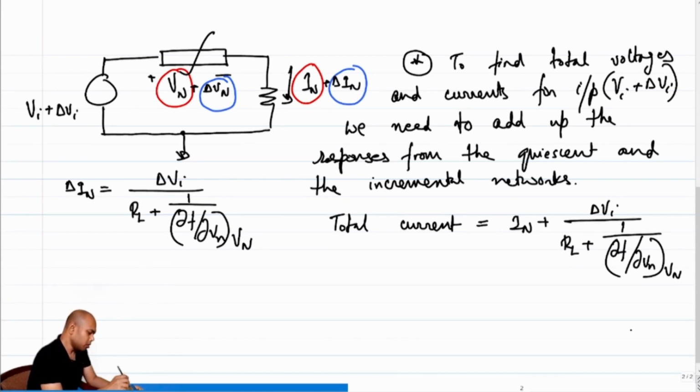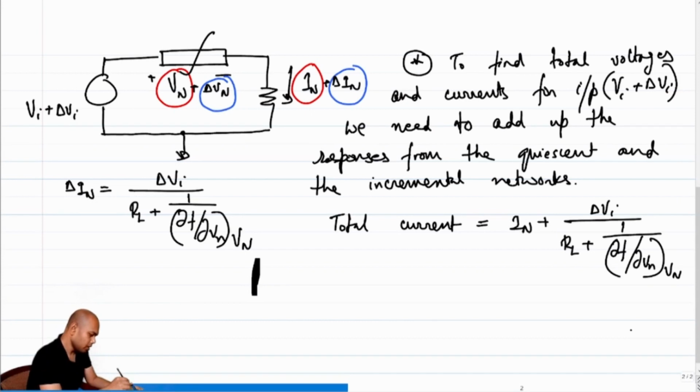And there is one more jargon that is used to refer to this incremental linearized model, right? That is called a small signal model, right? And by definition, what is small signal?